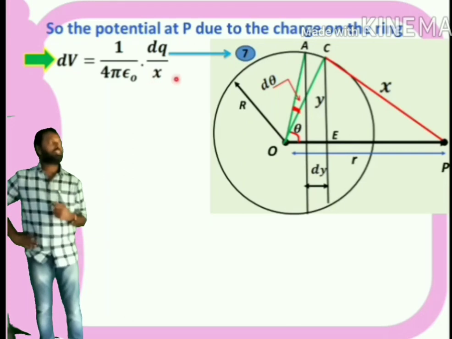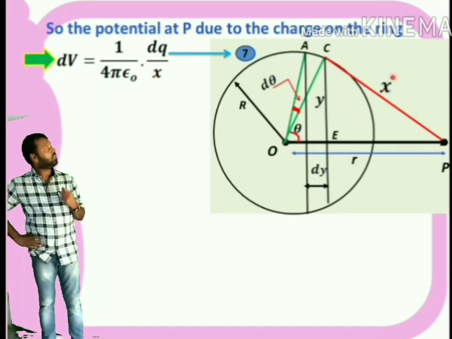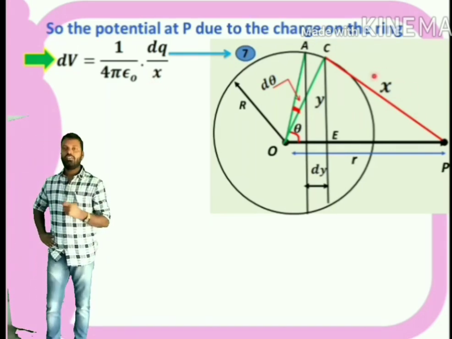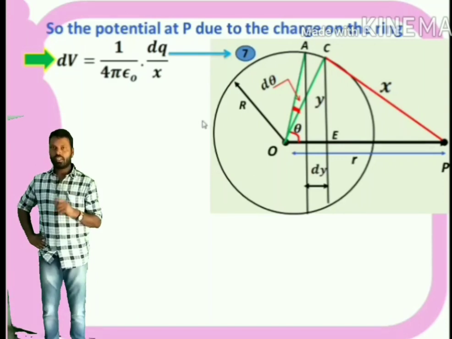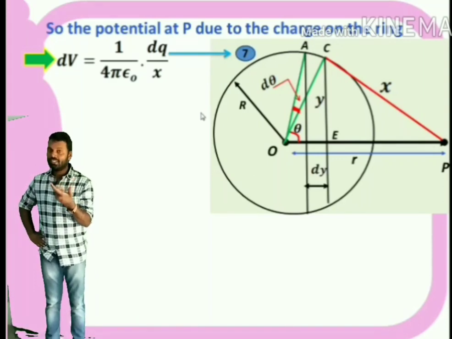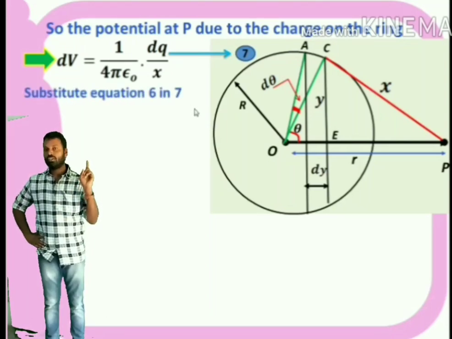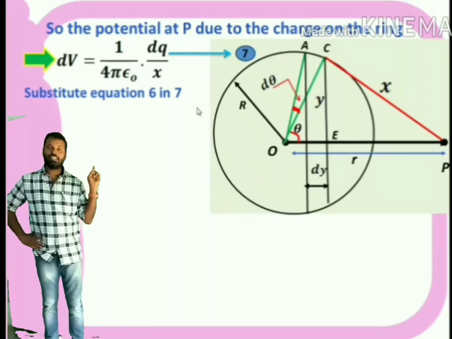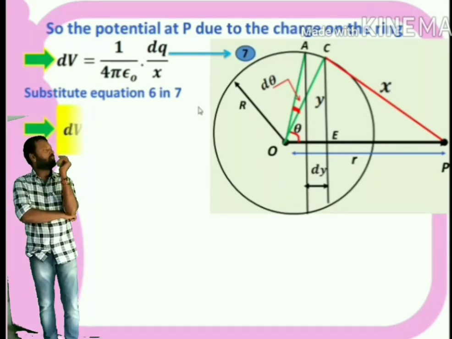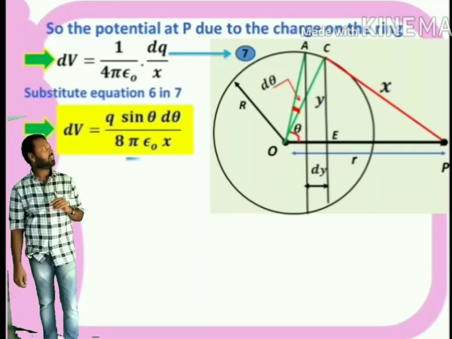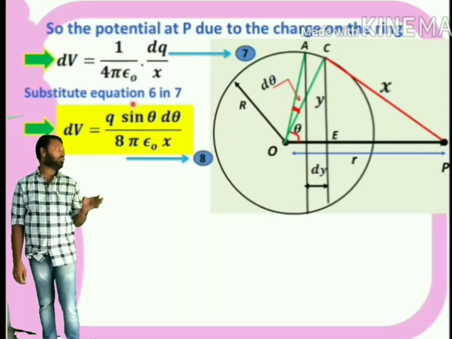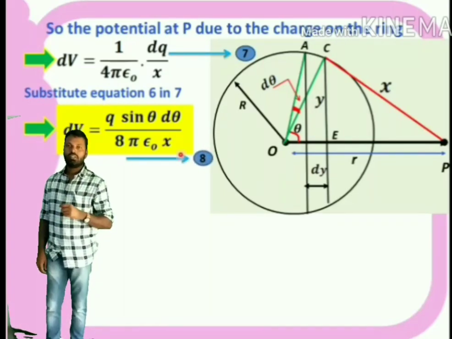So dV is equal to 1 by 4 pi epsilon naught dq by x, which is equation 7. But actually what is dq from equation 6? dq is given by Q sin theta d theta by 2. So if I substitute here, then dV is equal to Q sin theta d theta by 8 pi epsilon naught into x. This is equation 8.